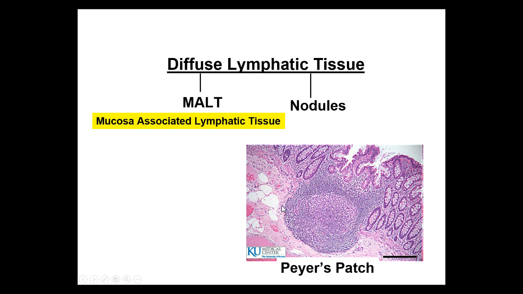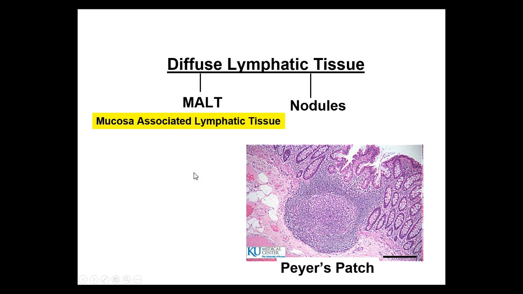But if you have a cluster of those lymphocytes and macrophages like this, without a capsule around them, then we call it a nodule. We are still in the same tissue. You can see how this is sitting just under the epithelial layer, just waiting for something to come in contact with that layer that shouldn't be there, because we know that macrophages are going to go after anything that doesn't belong.